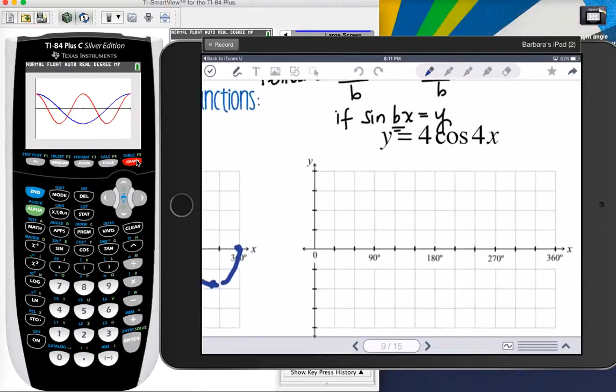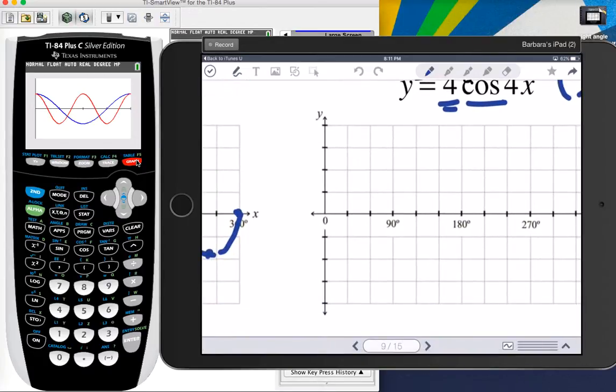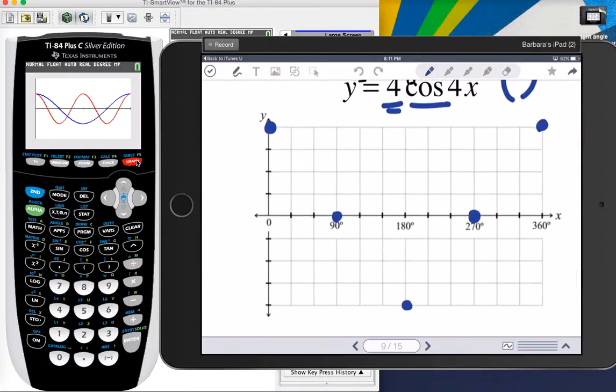So this one here, we now have cosine. So we know that starts up top and comes down and back up. And we know that we have this 4. So it's going to go up to 4 and down to -4. So if I'm going to draw that, start up at 4, down, down and back up.